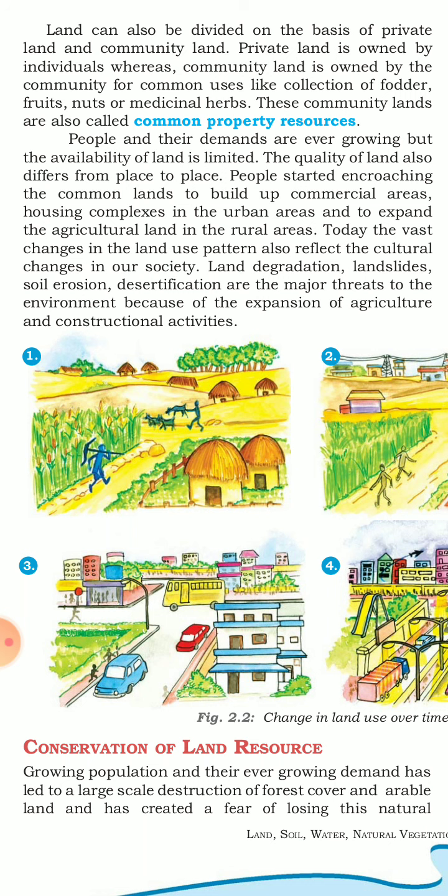Next are landslides, soil erosion and desertification. Desertification happens because of overgrazing, urbanization and deforestation, etc. And these are the major threats to the environment.